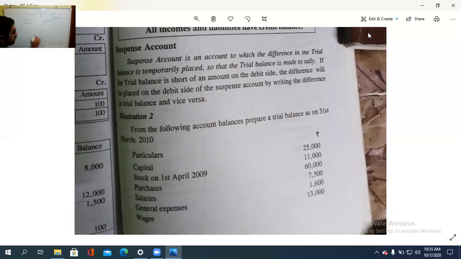Then purchases 60,000. Say salary 7,500. General expenses 1,600. Wages 13,000. Okay.